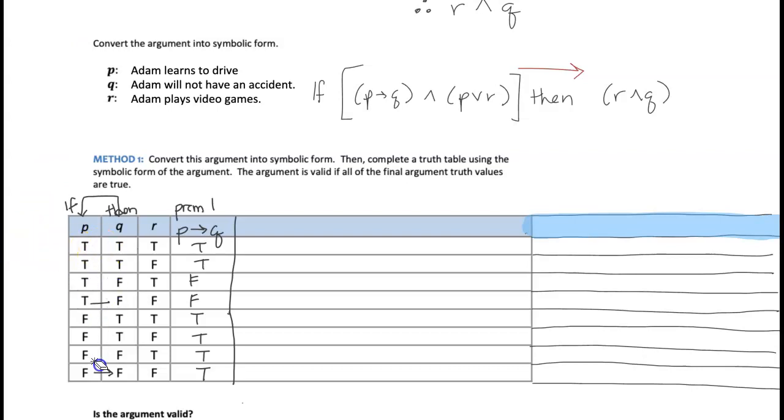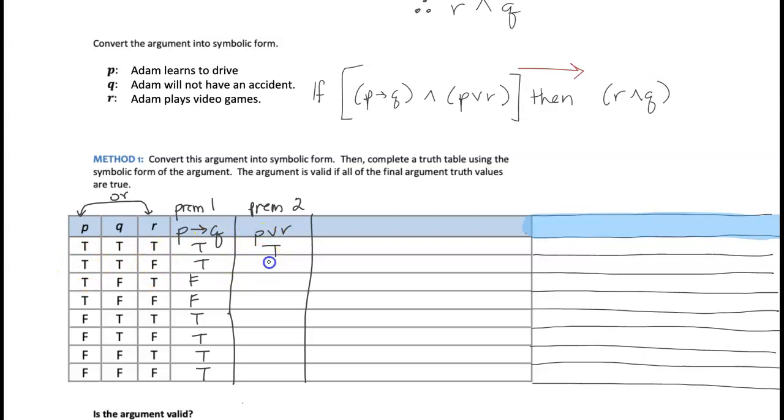The second part that we can work on in our truth table is premise 2, P or R. So we can work on the disjunction. With an or disjunction, we need at least one of the statements true. So we're going to work with statement P and statement R and connect them with an or. Case 1 would be true.